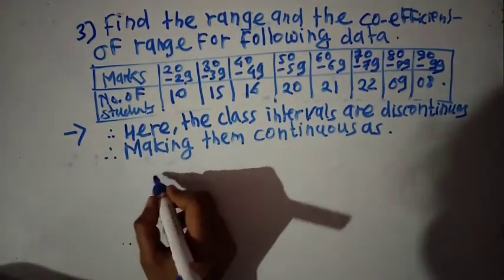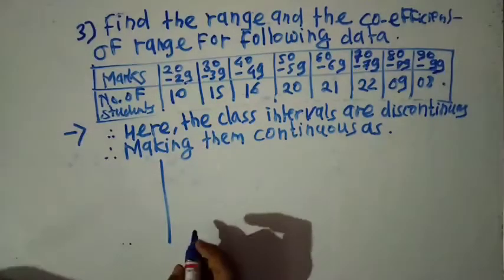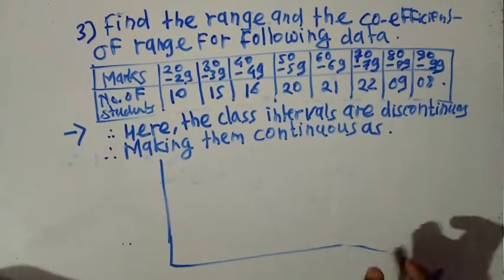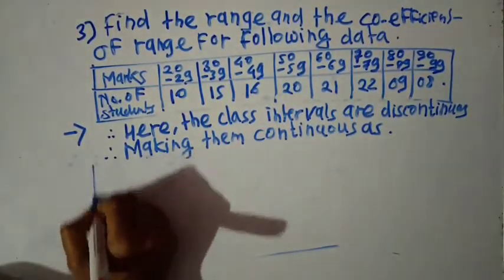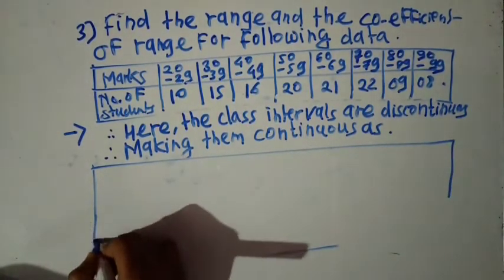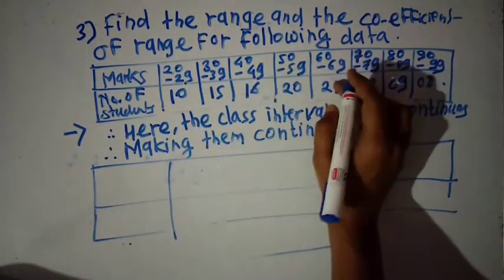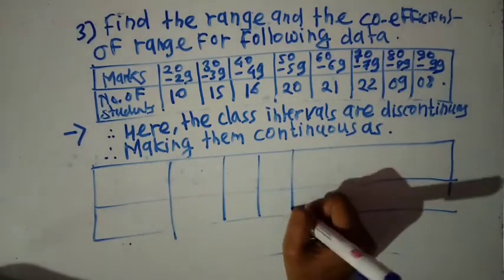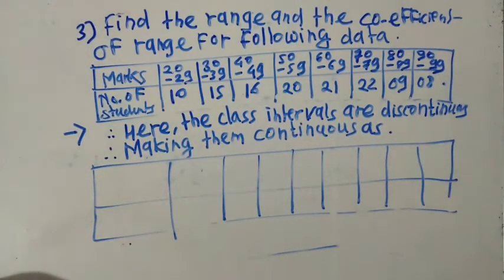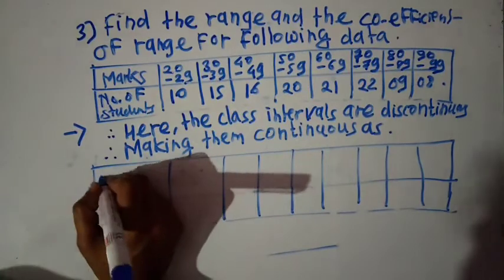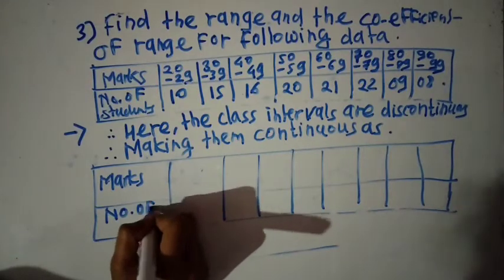How do we make the classes continuous? Here marks and then number of students.